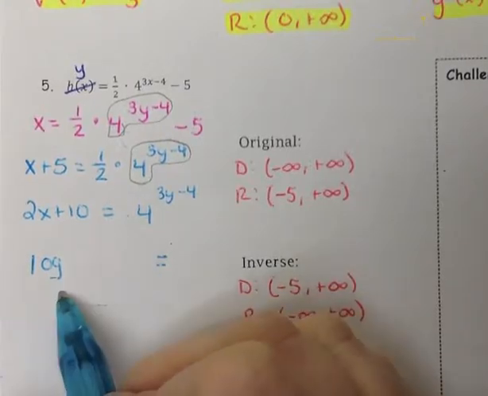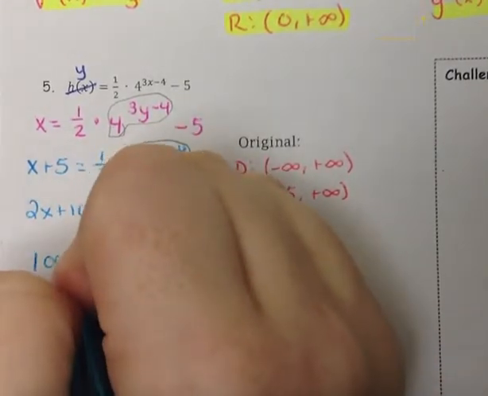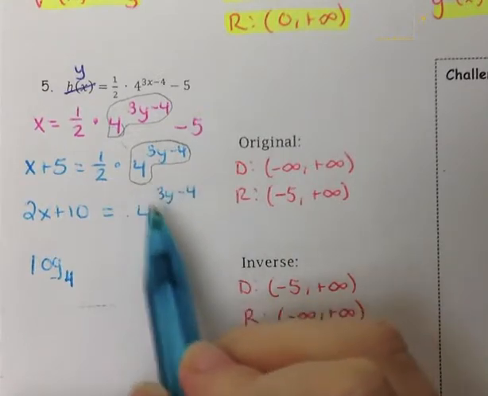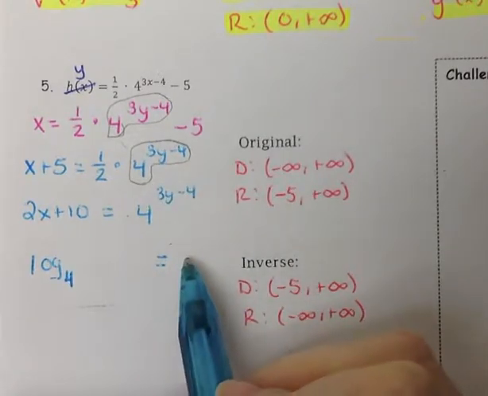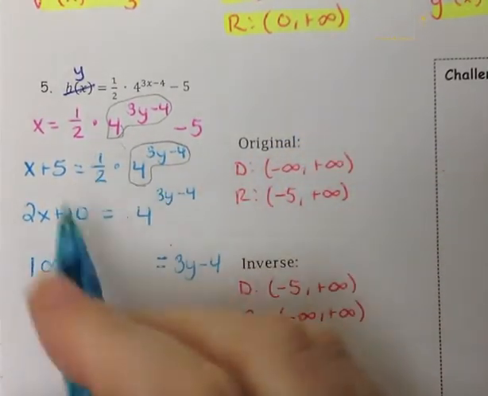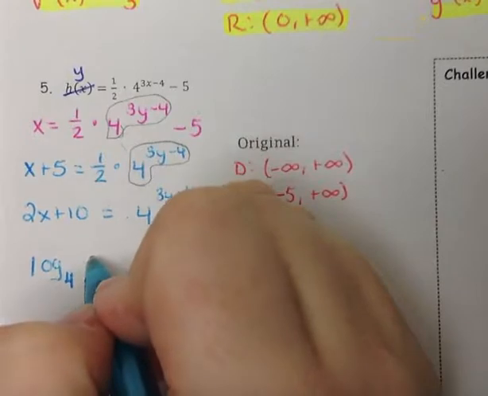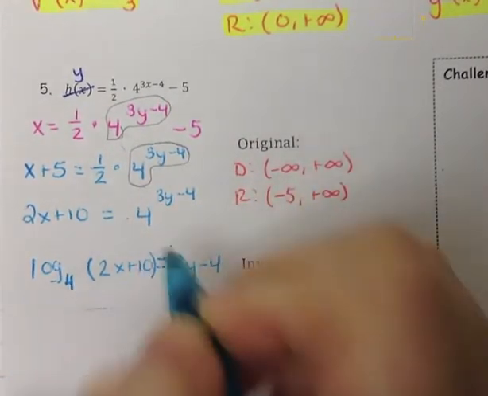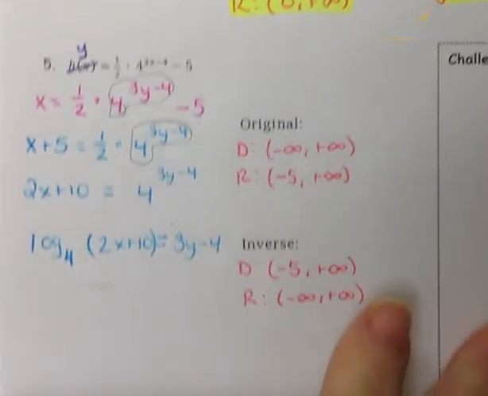So that 4 is still the base of this logarithm. The exponent never touches the log. So this 3y minus 4 has to be on this side because it will never touch the logarithm. So the rest of it, that 2x plus 10, is inside parentheses because that all stays together. That won't change. It has to stay together.